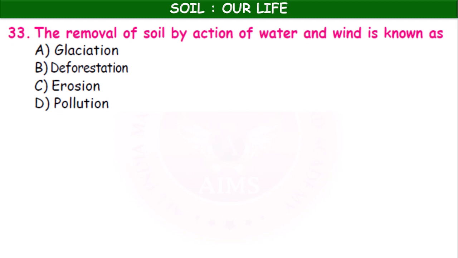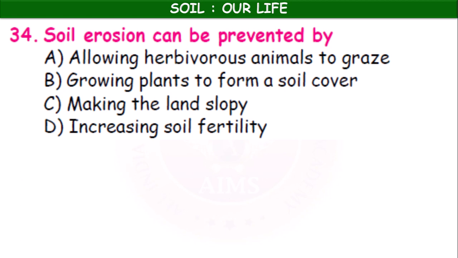The removal of soil by action of water and wind is known as glaciation, deforestation, erosion, pollution. Erosion, soil erosion. Soil erosion can be prevented by allowing herbivorous animals to graze, growing plants to form a soil cover, making the land slopey, or increasing the soil fertility.